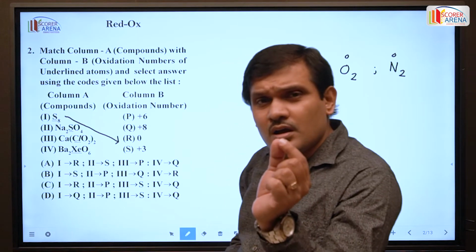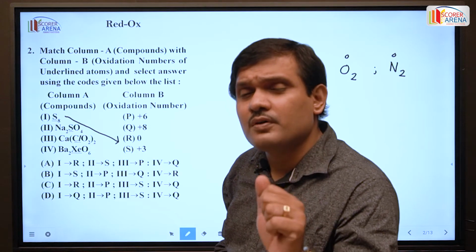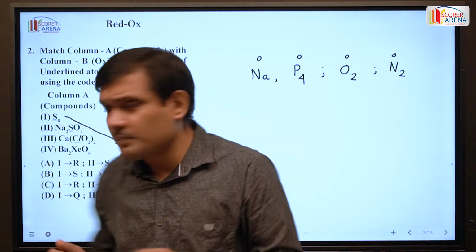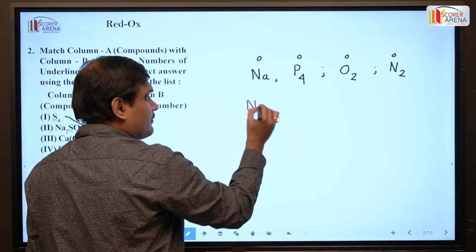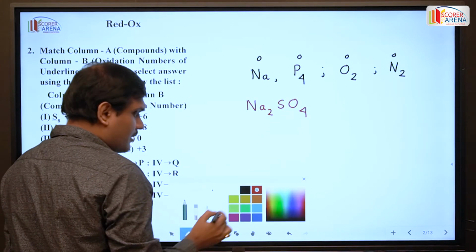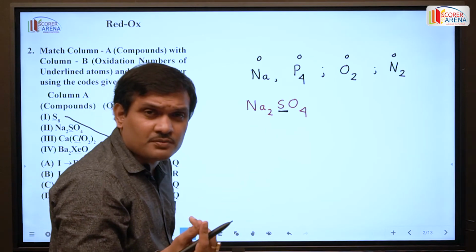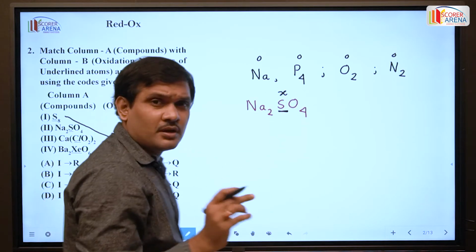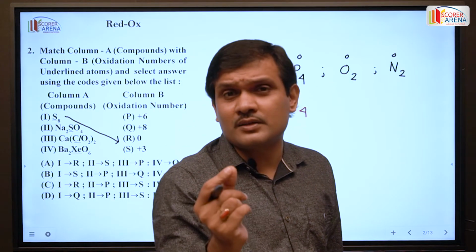Now for compounds, the sum of the oxidation numbers of the different atoms present in it will be equal to 0. Now in the case of Na2SO4, you have to find out the oxidation number of sulfur here. Take the oxidation number of sulfur as X. Sodium is a group 1 metal, and group 1 metals have a common valency 1.